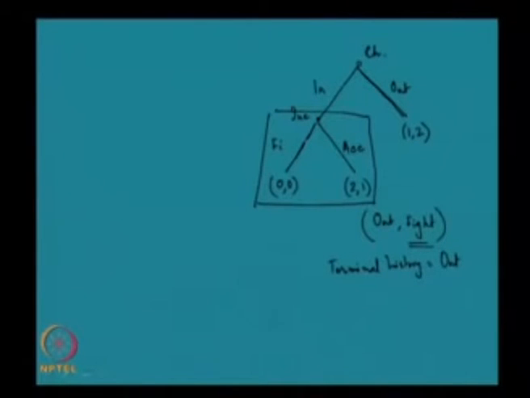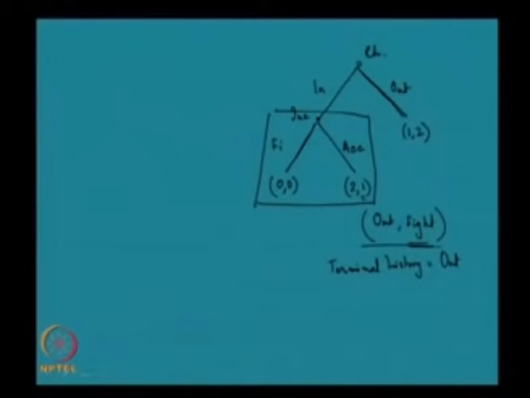If the incumbent has to move and choose between fight and accommodate, accommodation is better than fighting, because accommodation gives him 1, fighting gives him 0. Therefore, this is not an optimal strategy for the incumbent, player 2. So, that is why we say that this is not a subgame perfect Nash equilibrium, in the sense that this strategy profile is not generating equilibrium in this subgame, following the history in.